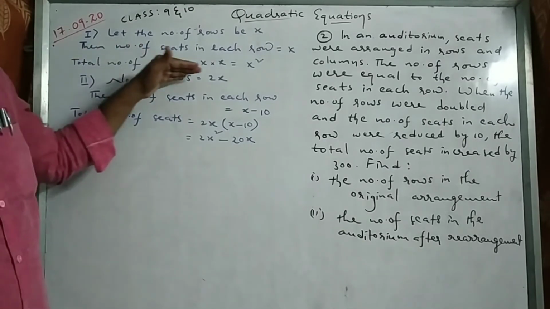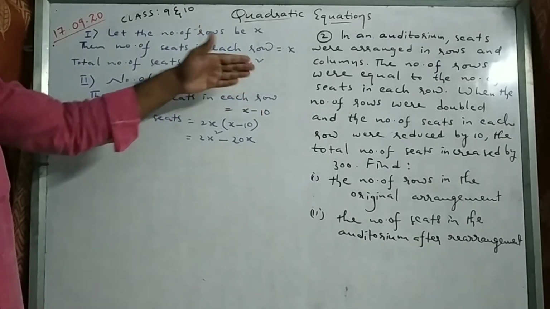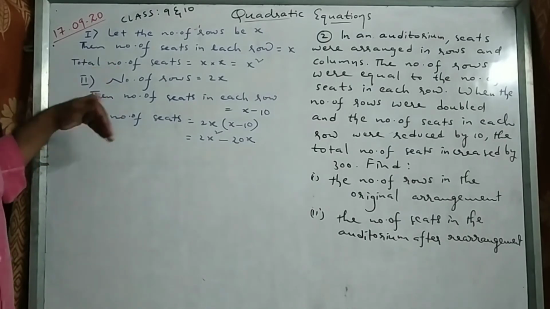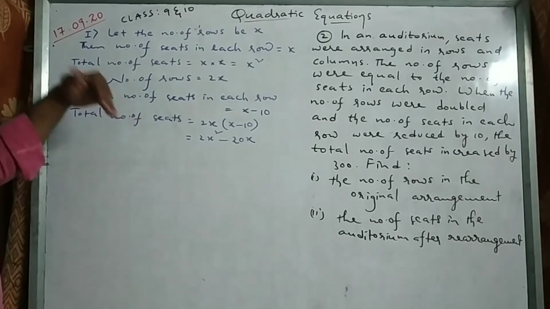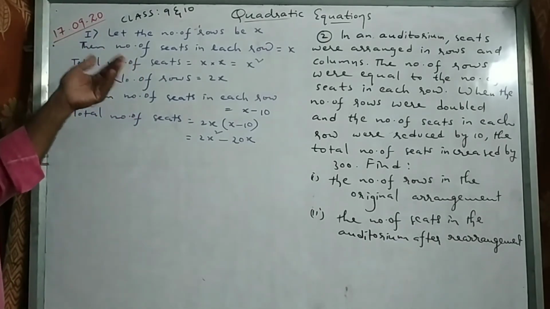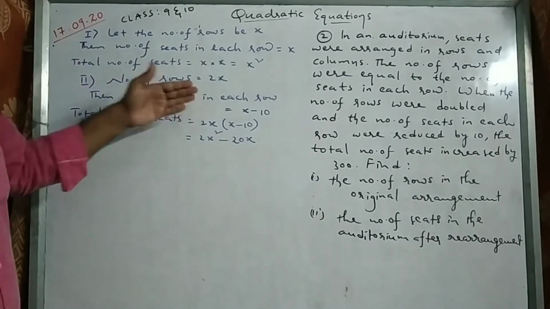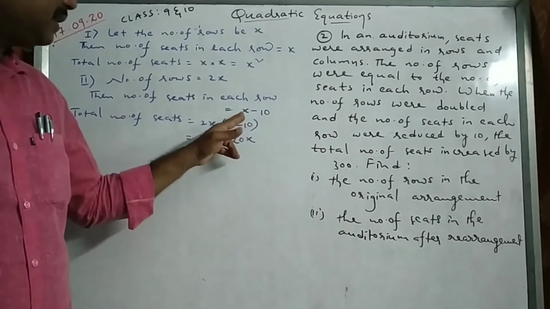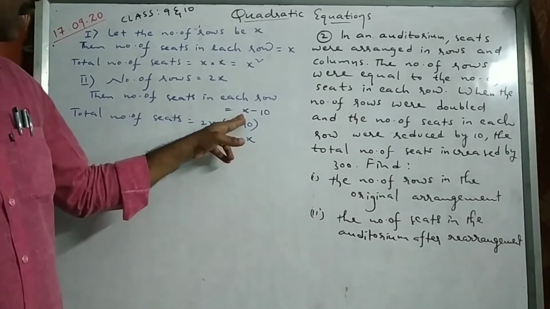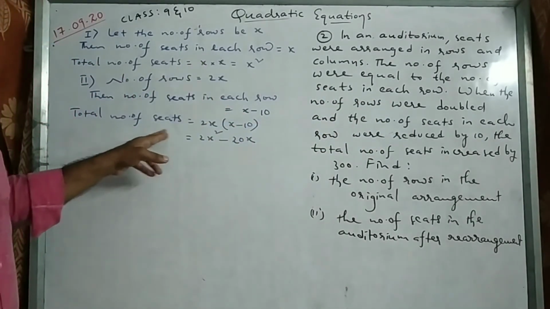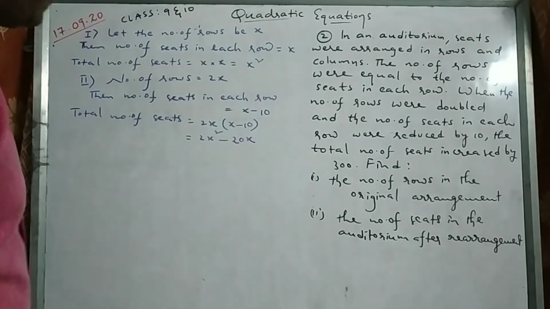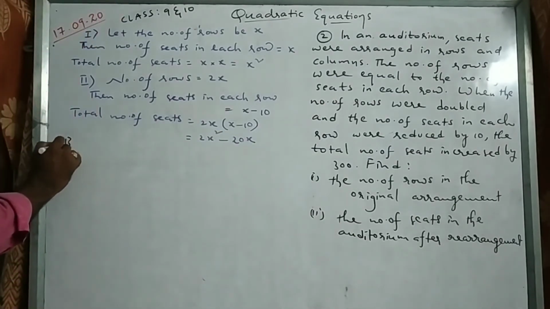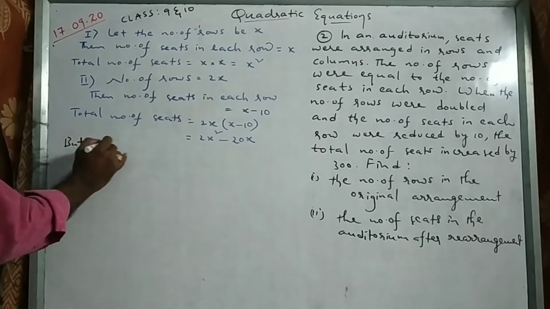Then total number of seats will be x into x, that is x square. Now in the second case, what did they do? Rows were doubled, 2x. Seats in each row will be reduced by 10, means x minus 10. Now in this case, how many seats are there? Multiply.